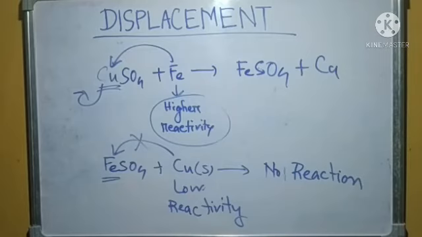To predict whether a displacement reaction will occur or not, we have to know the reactivity series of metals, which metal has higher reactivity and which metal will displace the other.